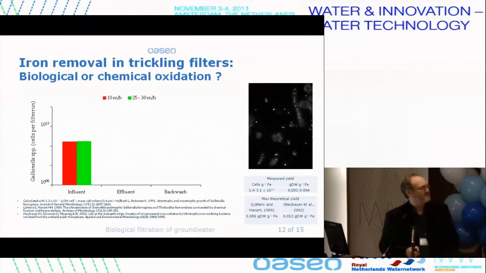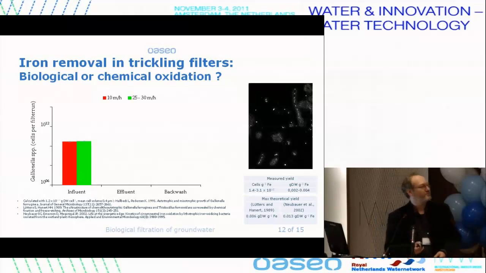Well, this is the result of one of these balance calculations, where we make a cumulative calculation of all the bacteria coming into the filter in the influent during one filter run time. This is quite a big number.